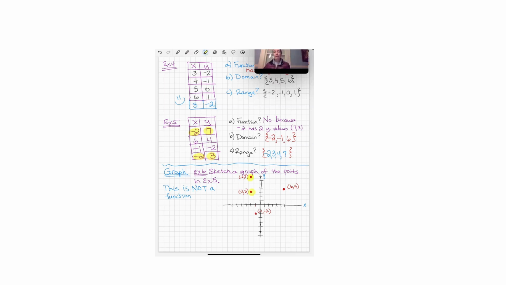If I draw a vertical line, vertical is up and down, like a tree trunk line, my vertical line passes through 2 points, not just 1 point, but 2 points. And if that happens, then we do not have a function. So this test that we do is called the vertical line test.